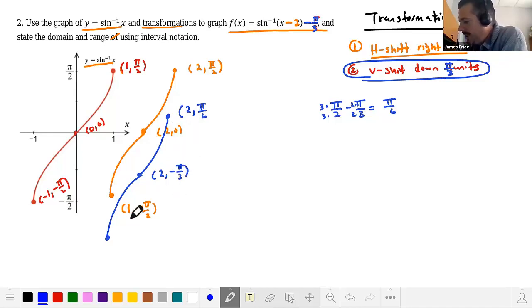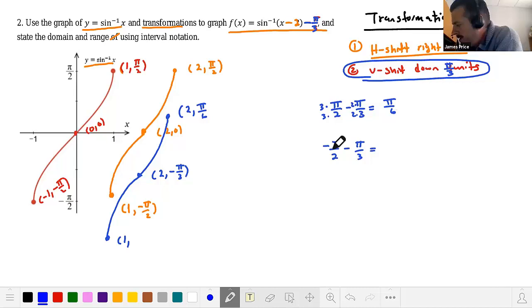And then this one right here, it starts here at 1, so it's still at 1. And then you move down from negative pi over 2, you move down pi over 3 more. So what is that? Again, I need to use a little side here. It says negative pi over 2, and we take off pi over 3.